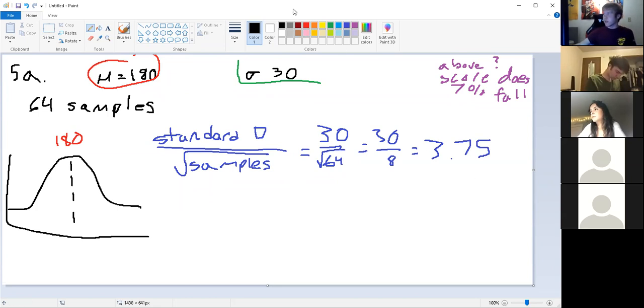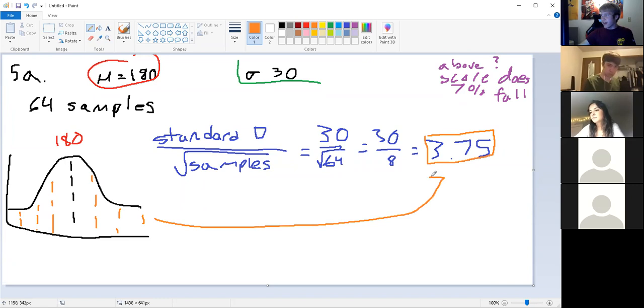And so in getting this value, you just know that the distance between each of the standard distributions is that. So that's the first half of one of the questions for 5.